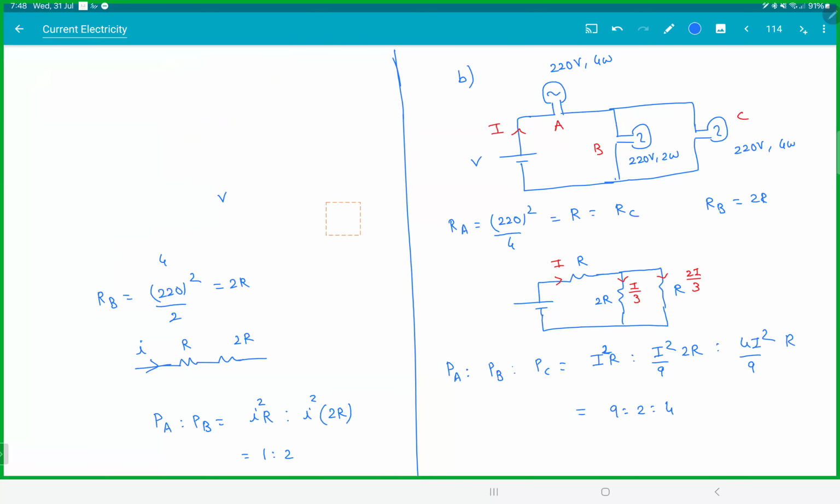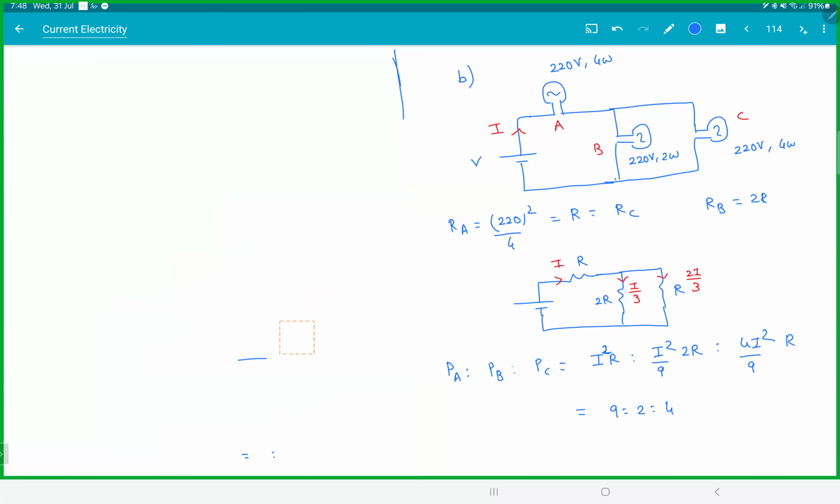Now in this, let's say something happened and the bulb C got fused, meaning it became an open circuit. Now the question is, what happens to the brightness of A and B?